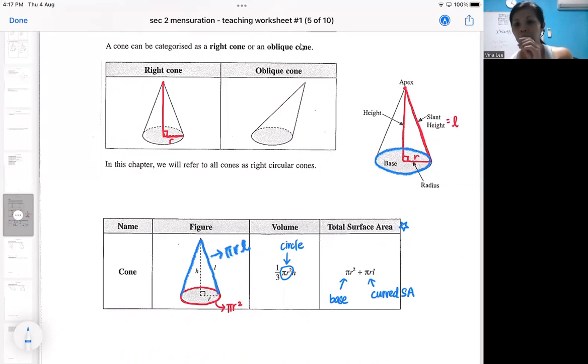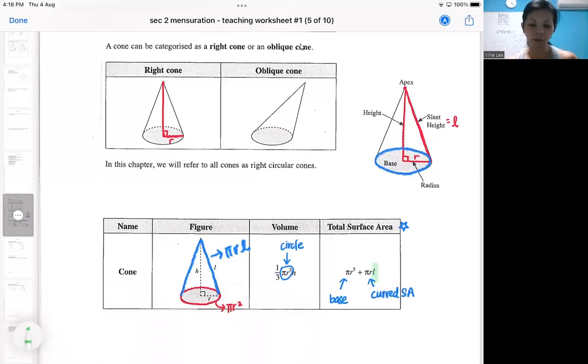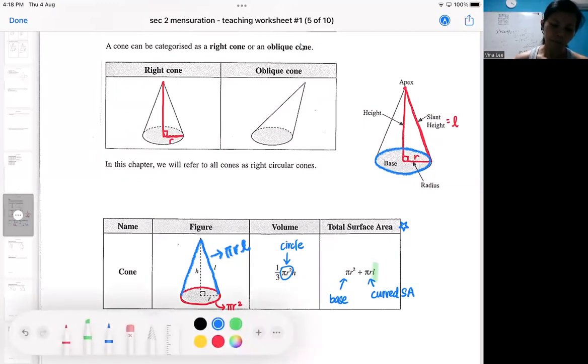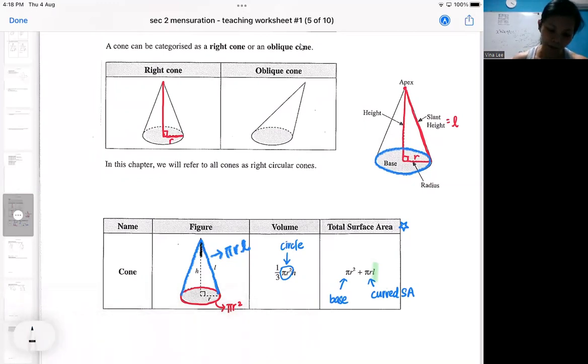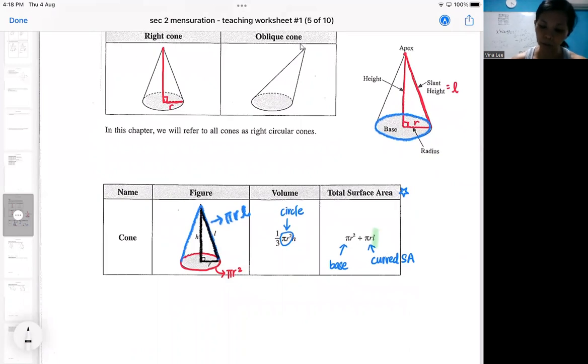There are two components, the base and the curved surface area. The curved surface area is the one that needs you to have the l. This is the one where you might need to perform Pythagoras theorem with the height, the radius, and l.